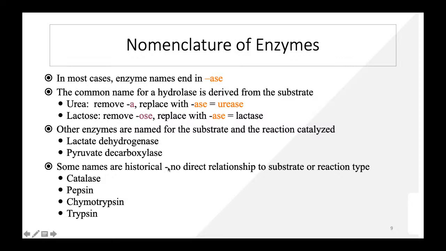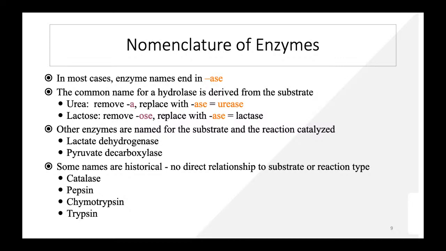The nomenclature of enzymes. In most cases, enzyme names end with "ase". The common name for a hydrolase is derived from the substrate.